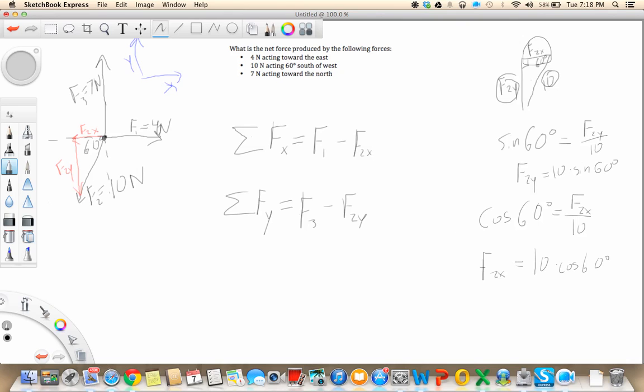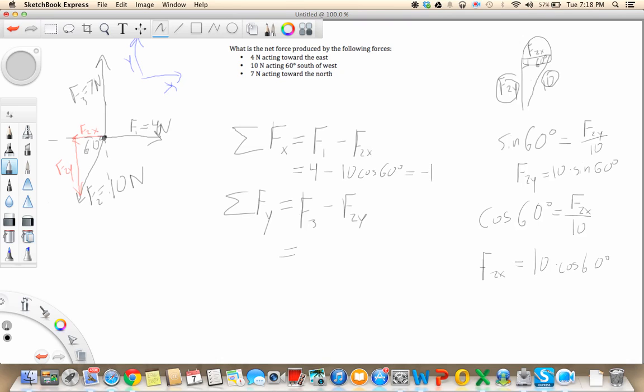So now when we come back over to our equations, we can go ahead and plug in our values. f1 was equal to 4. f2 in the x direction was equal to 10 cosine of 60 degrees. And these will just equal a number that you put in your calculator. If I remember correctly, this will equal -1.